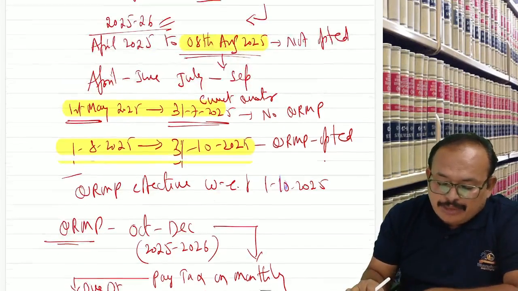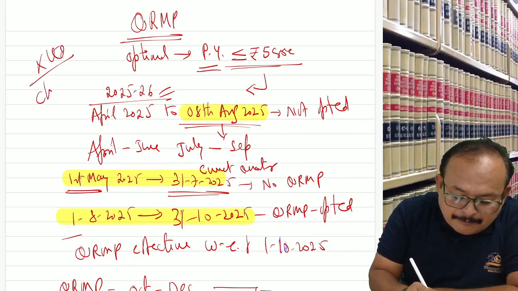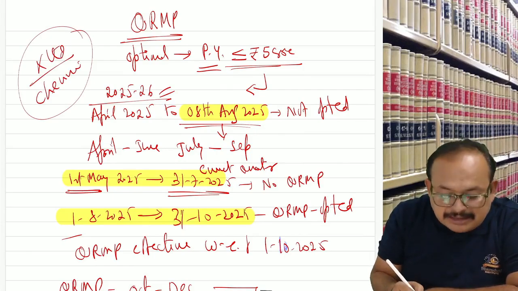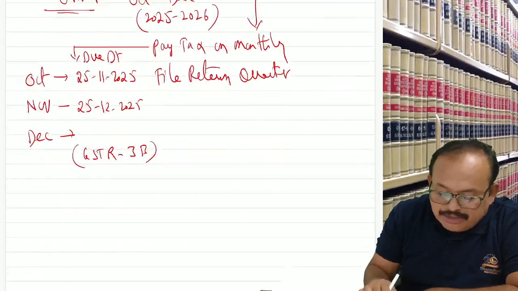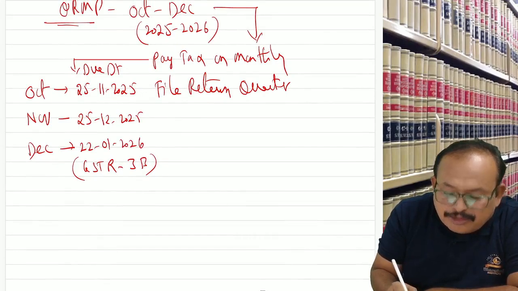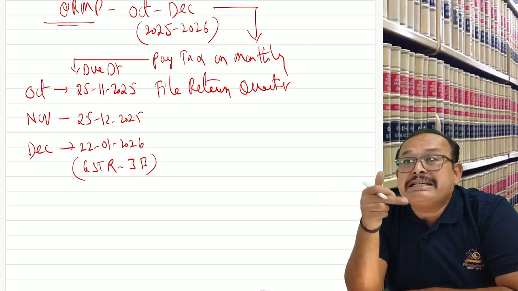Now, the taxpayer, X Limited, Chennai. Chennai means Tamil Nadu. For the Tamil Nadu case, here it is 22nd January 2026. 22nd of the following month from the end of the relevant quarter.